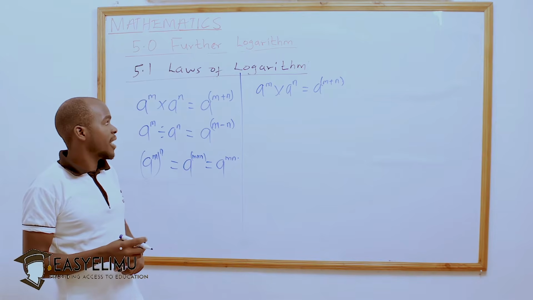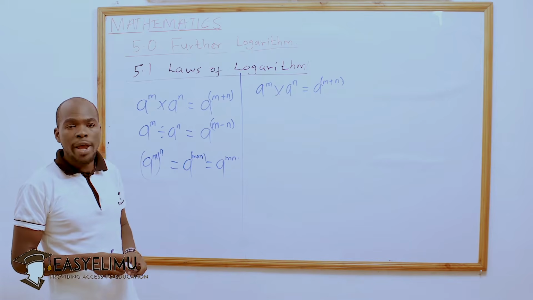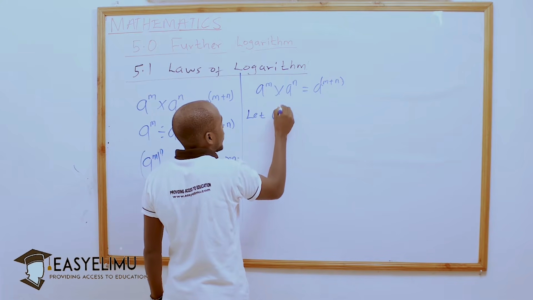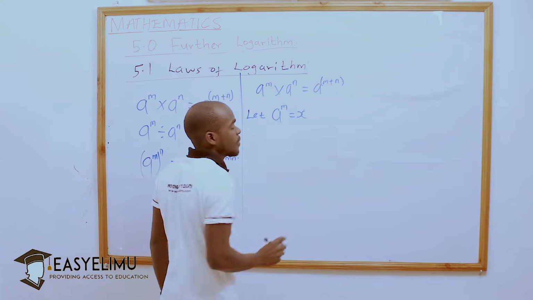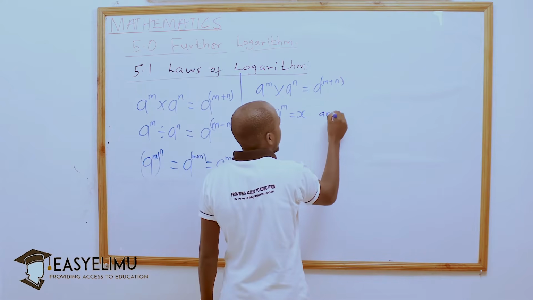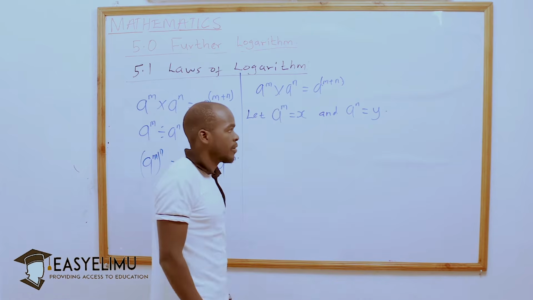Let's take that a^m is equal to x, and a^n equals y.